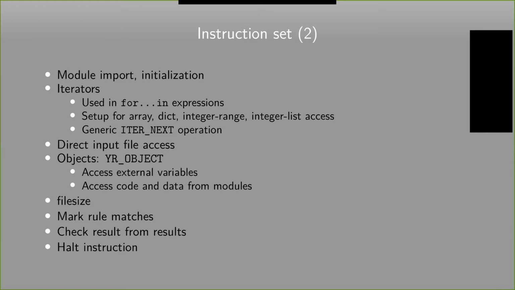The file size operator, and there's an opcode that marks a specific rule or checks results from different rules, and finally there's a halt instruction. The halt instruction is always emitted. It does pretty much what it says.